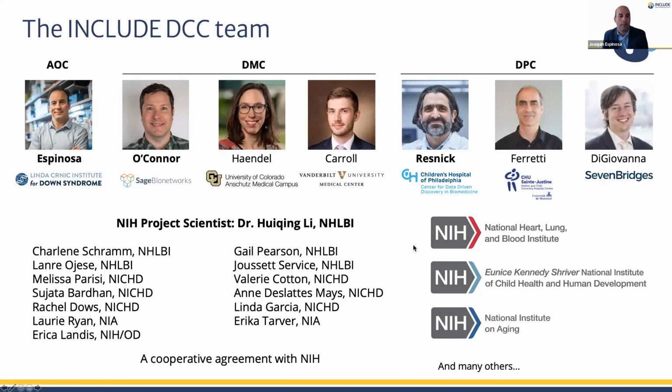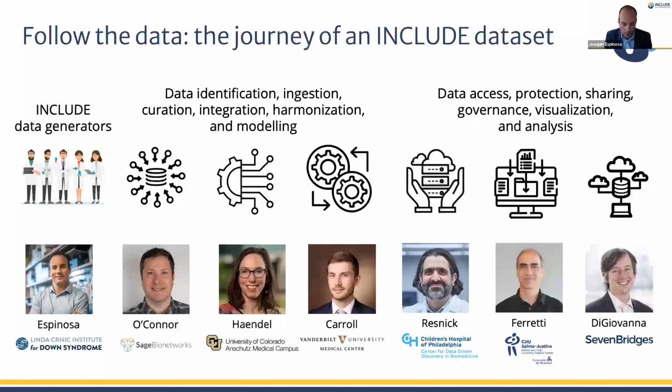And why do you need so many professionals working in the Data Coordinating Center? Because it's a lot of work to make sure that the data being generated by the investigators funded by the Include project is identified, ingested, curated, integrated, harmonized, and modeled properly. Then, moving into the realm of the portal core, that data can be accessed, protected, shared, governed properly, and also visualized and analyzed with the various online tools.